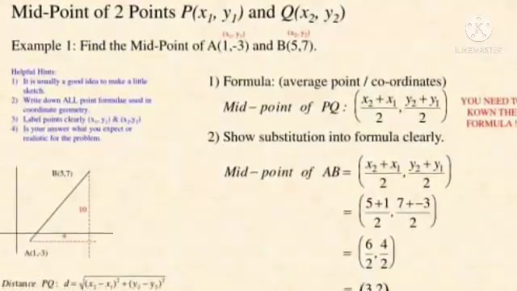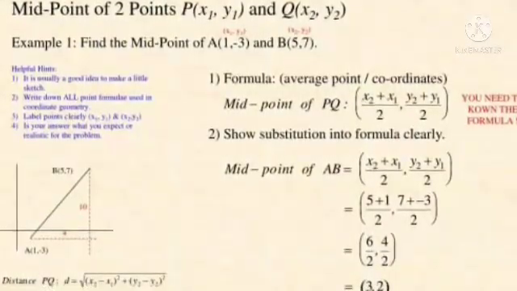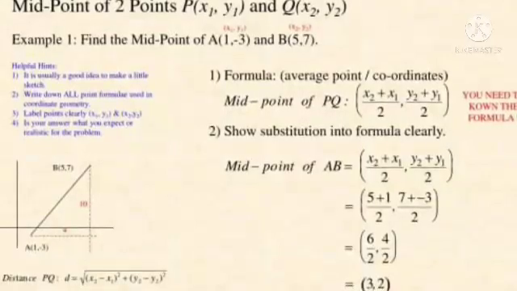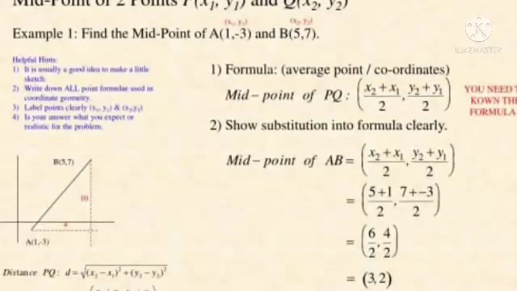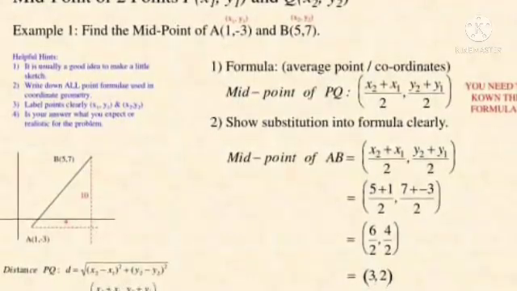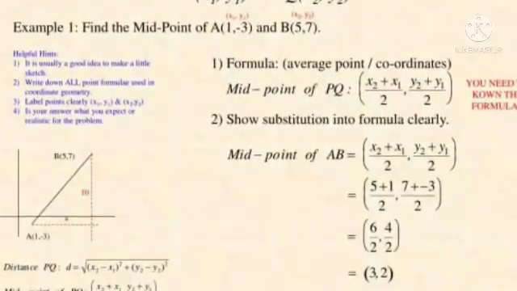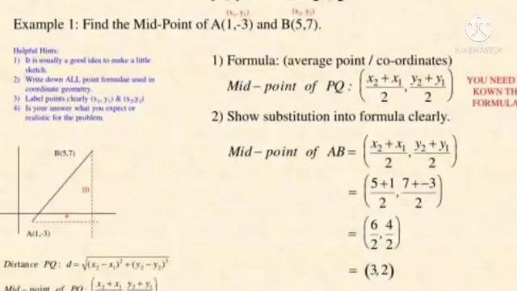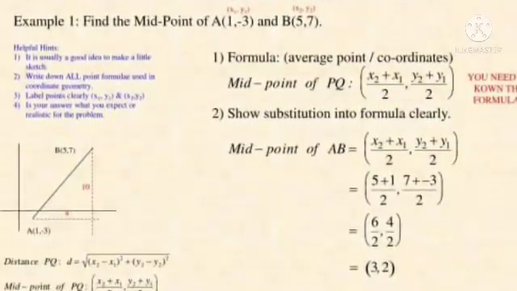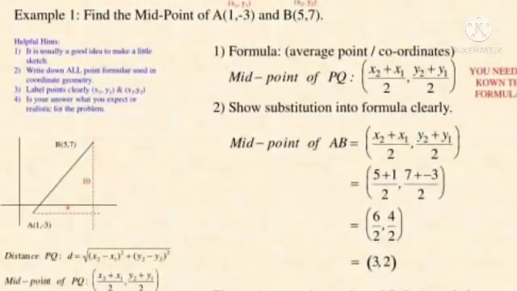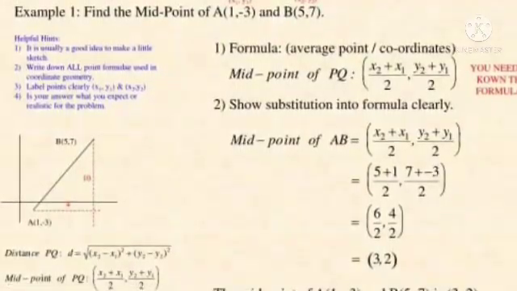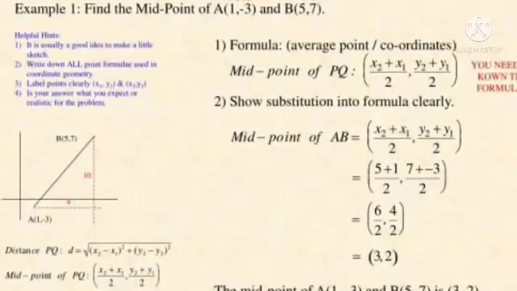Midpoint of 2 points P (x1, y1) and Q (x2, y2). Example 1. Find the midpoint of A (1, minus 3) and B (5, 7). Formula: average of the coordinates. Midpoint of PQ is ((x2 plus x1) upon 2, (y2 plus y1) upon 2).